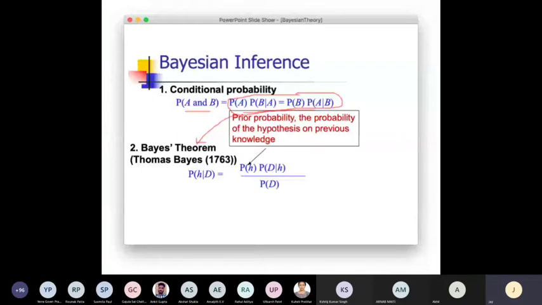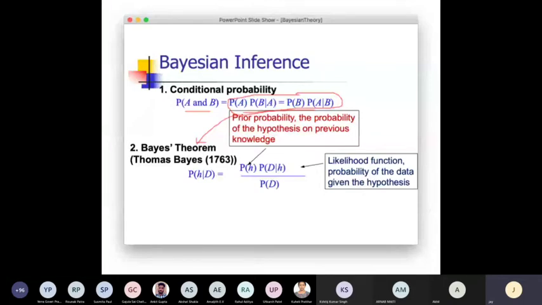Then you have the other term in the numerator, which is the probability of data given that hypothesis. If I consider the hypothesis is true, then what is the probability of observation of that data set? We also say, in a more common term, what is the likelihood of the observation? Now that has become technical.